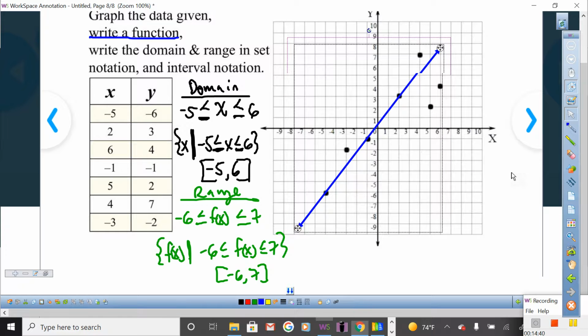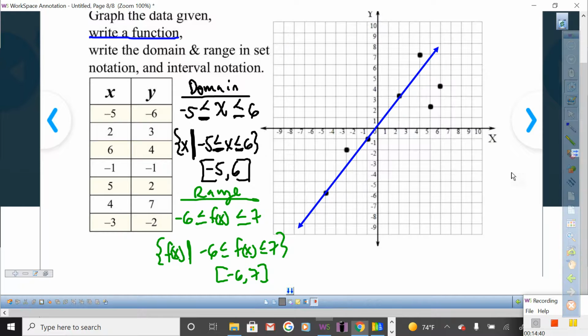So here's the rule that I use when I get a line to fit my data. I start in the direction from the farthest point on the left, and I work my way in the direction that the data is going. So it's going upward that way. I try to intersect as many points as I can, and then those that I cannot intersect, I try to make sure that there's an even amount split from the top of the line to below the line.